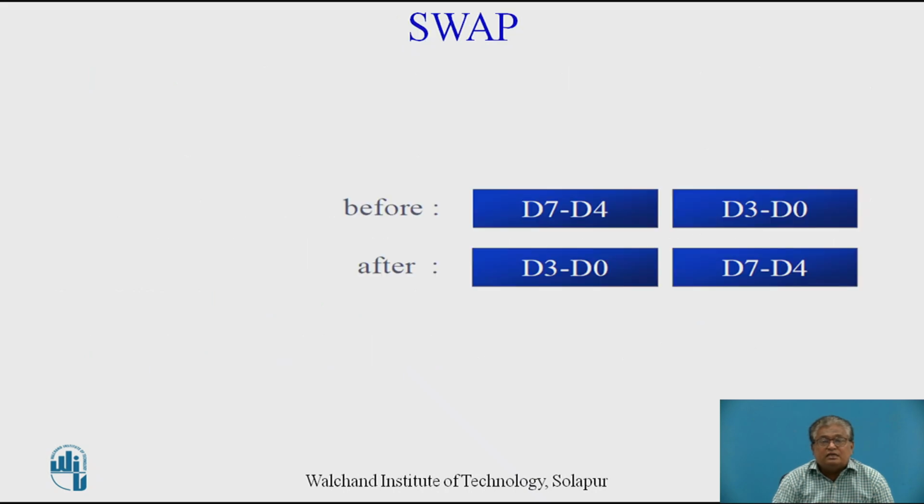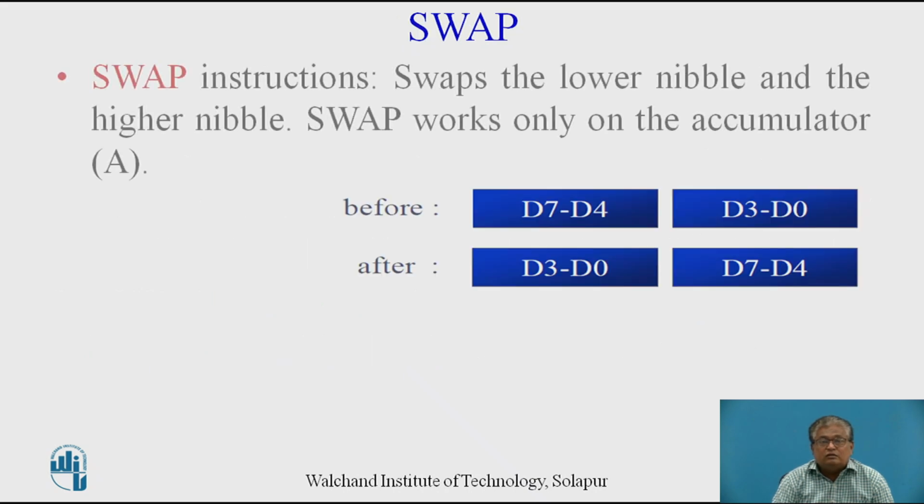Swap instruction. Swap instruction swaps the lower nibble and the higher nibble. This swap instruction works only on the accumulator. So before execution of the swap instruction, suppose the data is like this, D7 to D4 and D3 to D0.